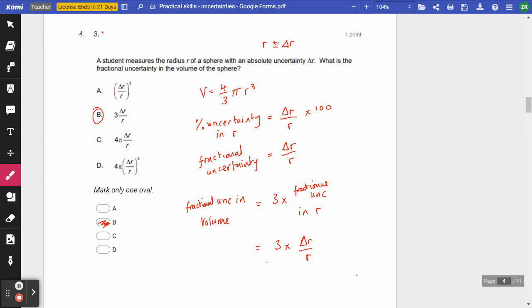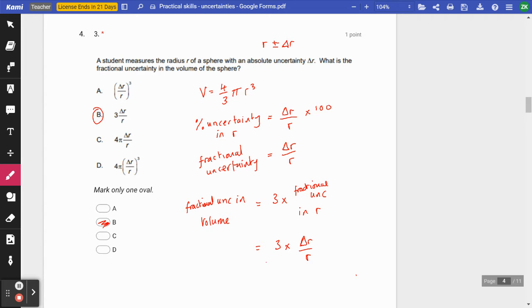So when we are looking at fractional uncertainty in volume, if we were looking at percentage uncertainty in volume, all we would have done is note that this doesn't have any uncertainties, it's a constant, and that doesn't have any uncertainties, that's a constant. So the percentage uncertainty in the volume is 3 times the percentage uncertainty in the radius.